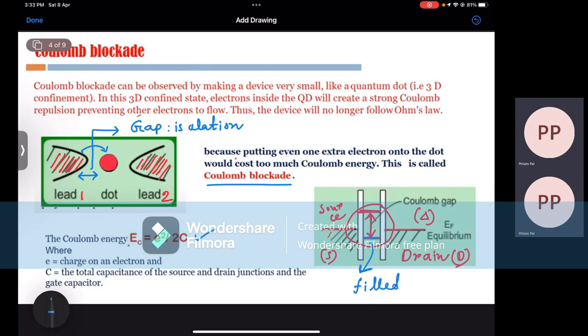Let's say this is a filled state, and this is a filled state. The electron exists in this state, so we can call it our filled state. And this we can call the empty state.